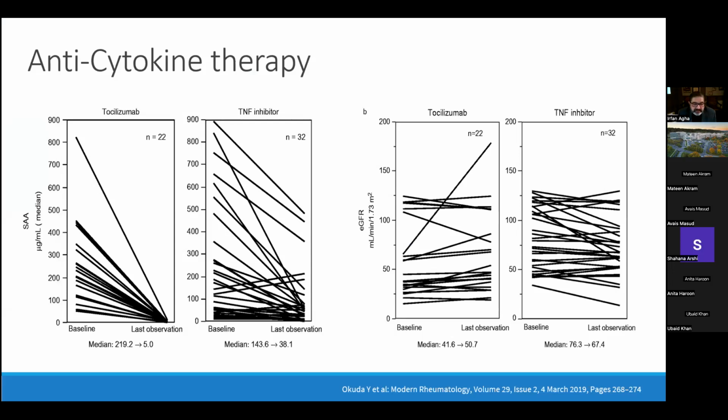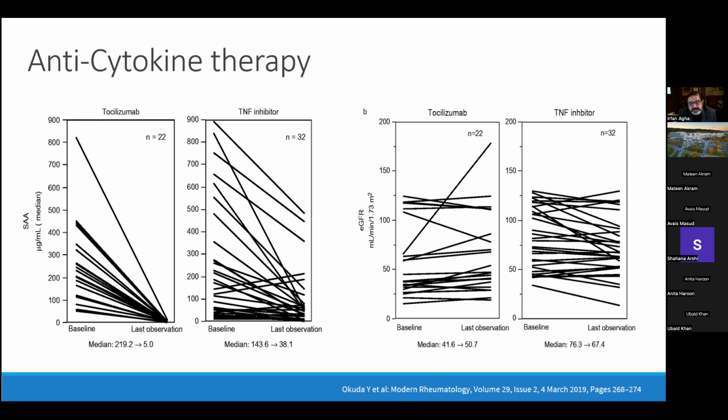So this is data collated from some Japanese studies, which look at what happens to the SAA level with tocilizumab and TNF inhibitors. On the left side, you're looking at administration of tocilizumab and SAA levels, which all have a fairly sharp decline.